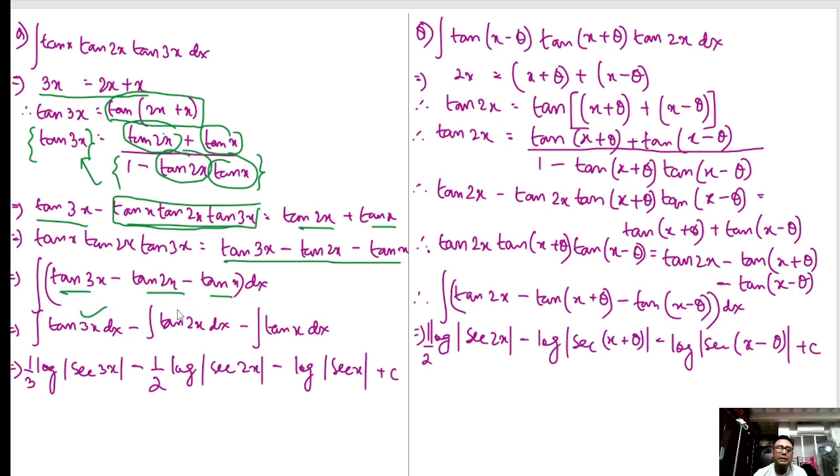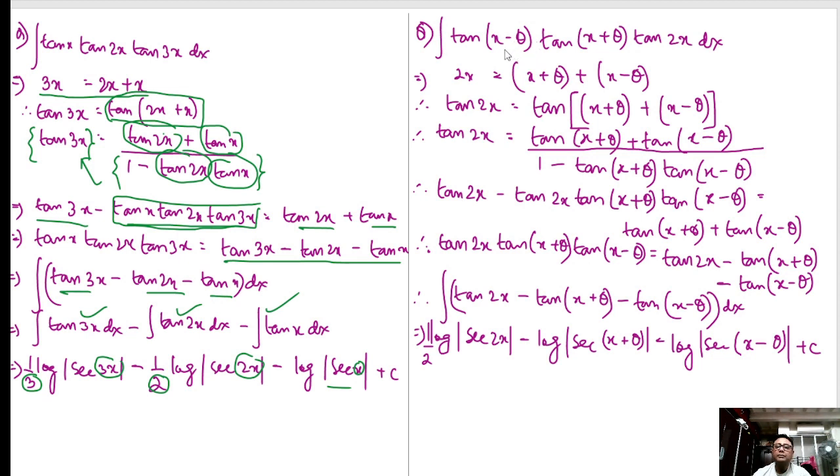So separately doing the integration, integral of tan x is log sec x. So log sec 3x, and with x it is 3, so divide by 3. So it will be log sec 2x by 2, and log sec x by 1. So that is the answer.